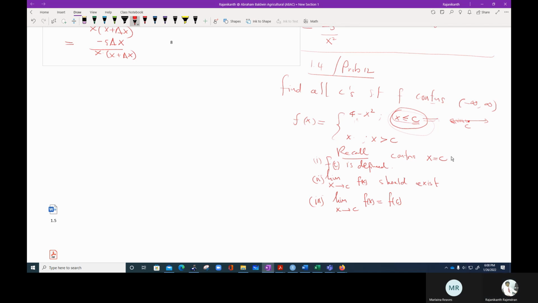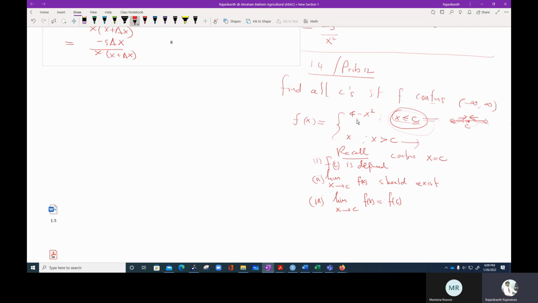But for the second case, you are plugging in all the x values which are bigger than c, that is this side. If the function is continuous at c, the function should be defined at c, and also the limit from the left should equal the limit from the right. So keep in mind that point.